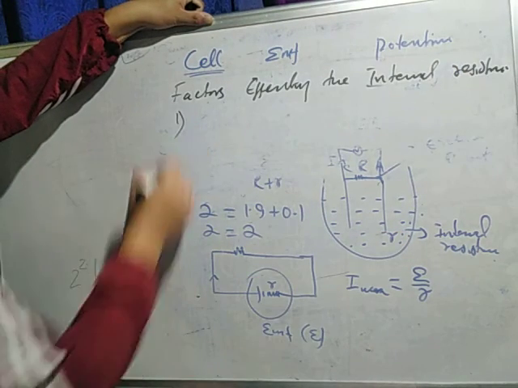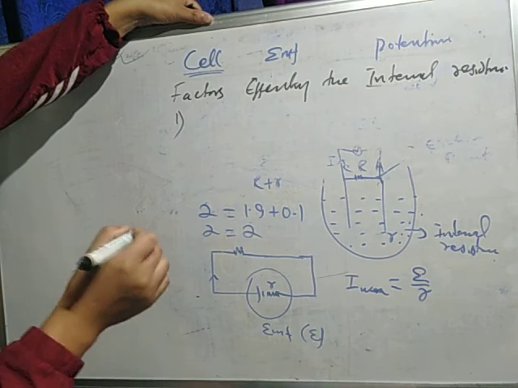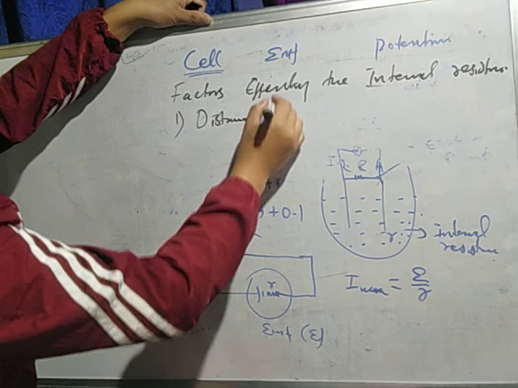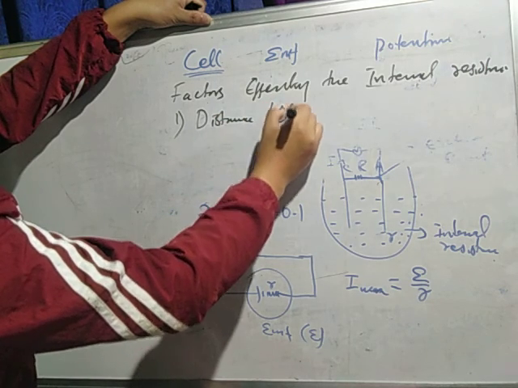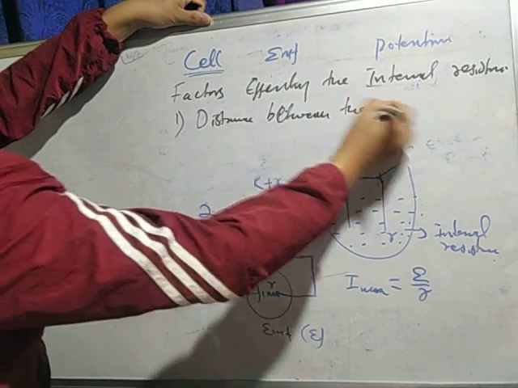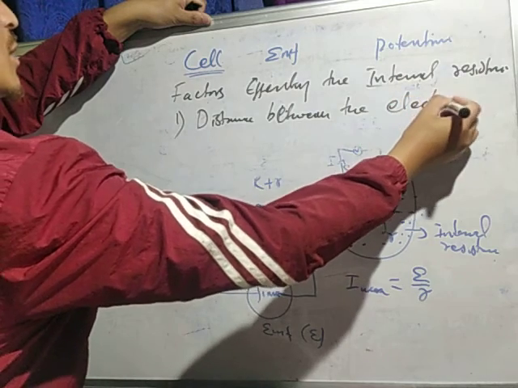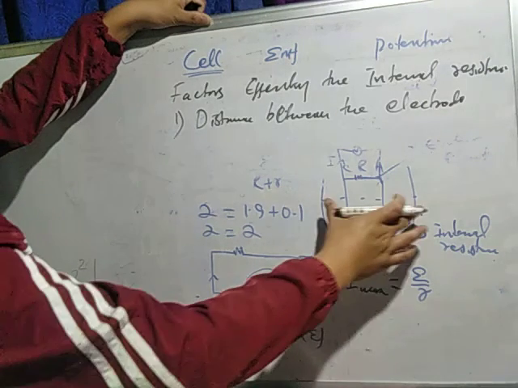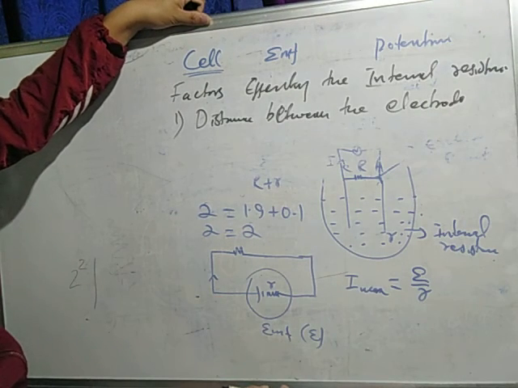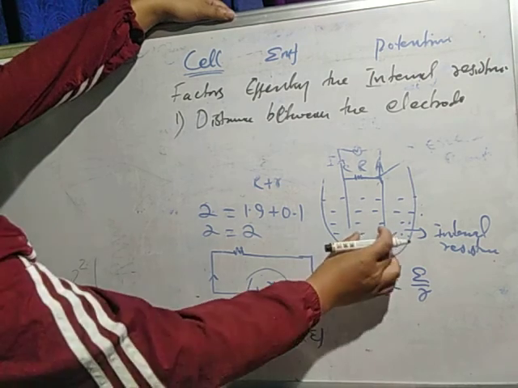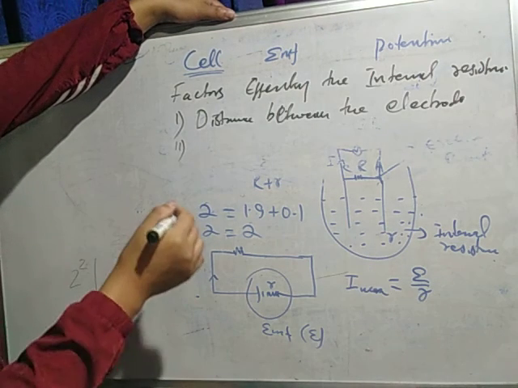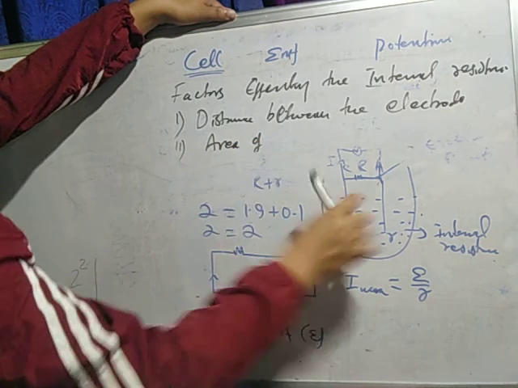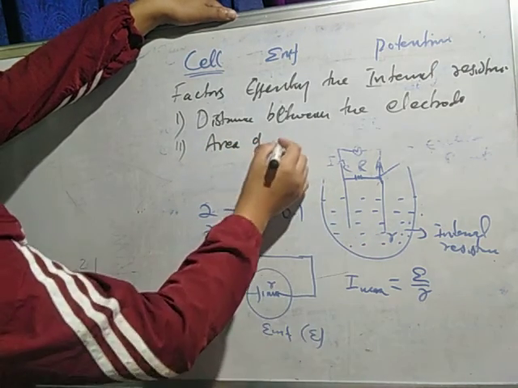First, write down distance between the electrodes. This means if the distance is near, then you'll get more current. If the distance is away, then less, isn't it? Resistance, isn't it? Second, you have area of electrode. If the area is big, you get big charge.